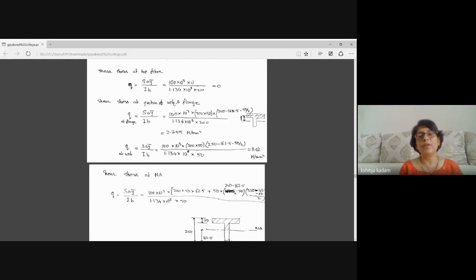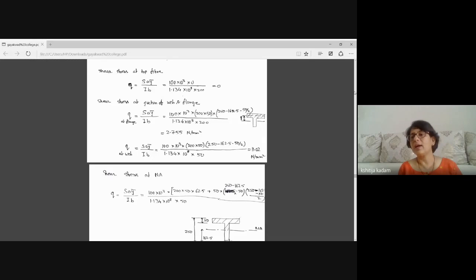At the junction of web and flange, this B has to be taken as 200 or as 50. So at the junction where there is sudden change in width of the section, the shear stress has to be calculated twice. Here I have calculated Q for flange and Q for web. Both these Qs are for the junction of web and flange.